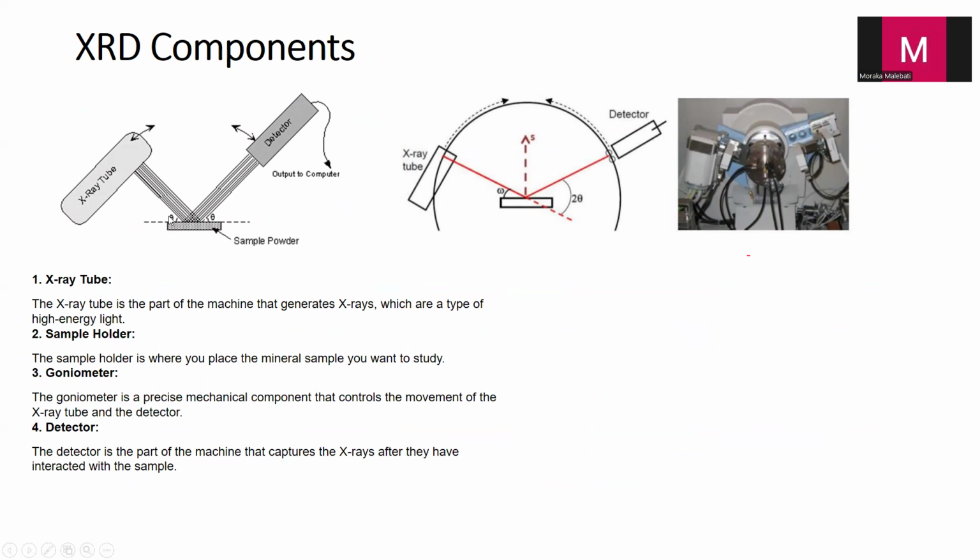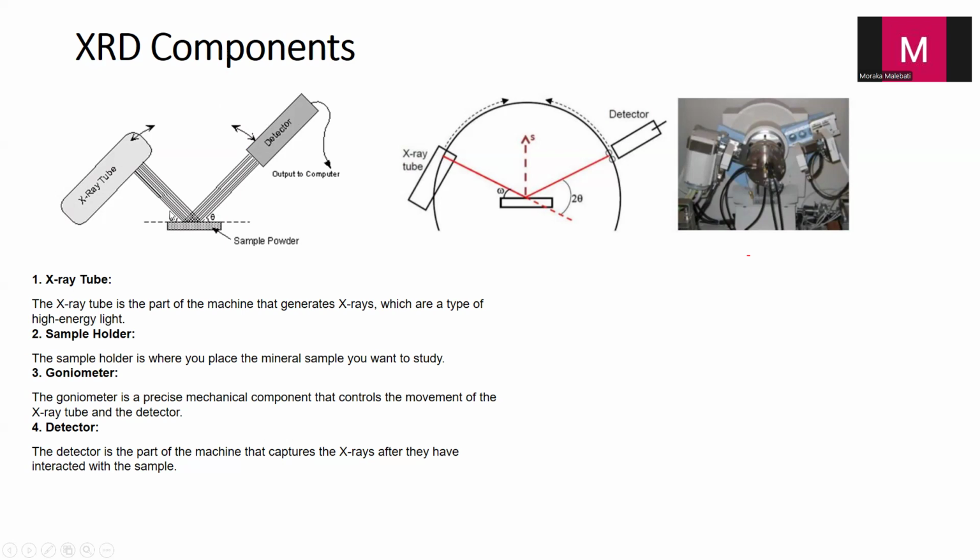I've showed you how the sample is rotated. If you keep on rotating the detector, the sample is being rotated as well. When the sample is rotated, it will always be rotated in the path of a focused X-ray beam at a specific angle called theta, the incident angle.